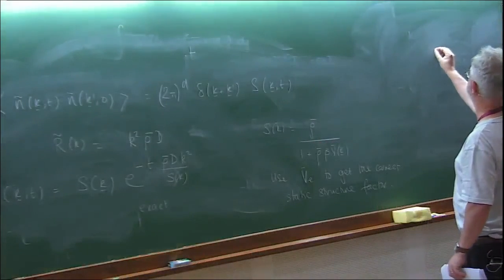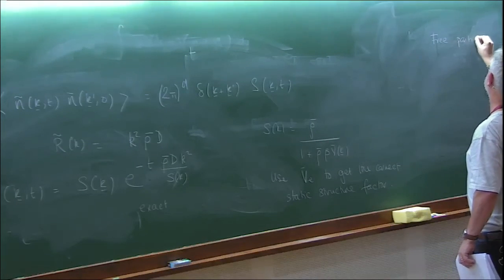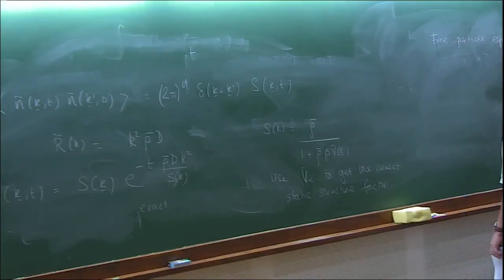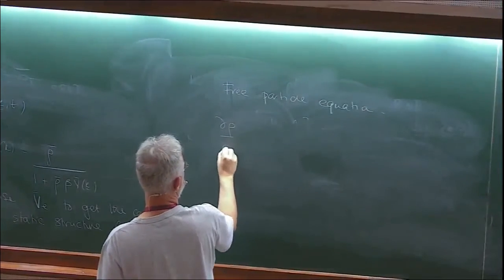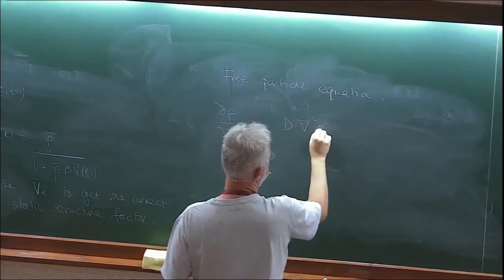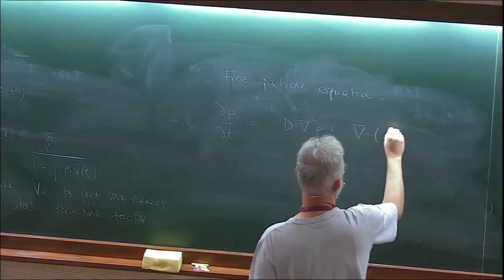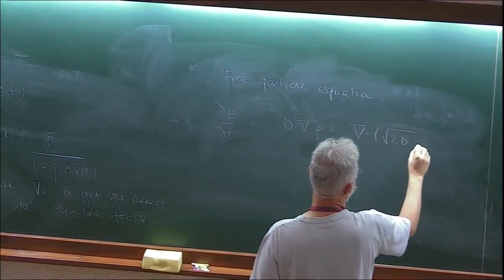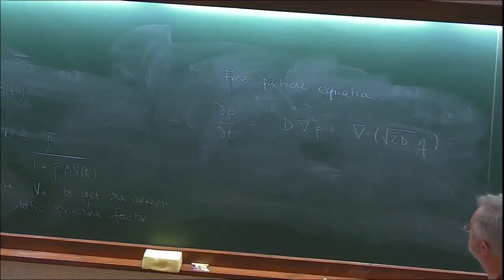Well, let me go back to my equation for the free particle. I'll write down d rho by dt is equal to d times Laplacian of rho, and I write down my noise. So that's the stochastic density functional theory for free particles.